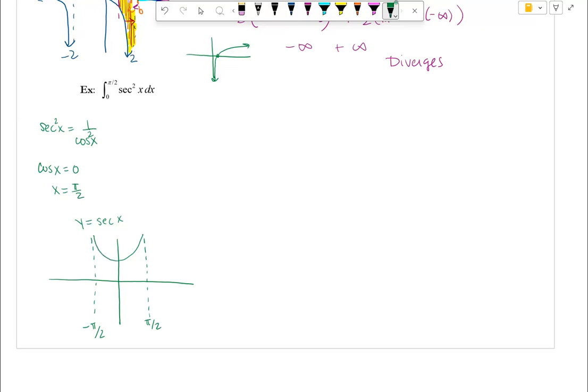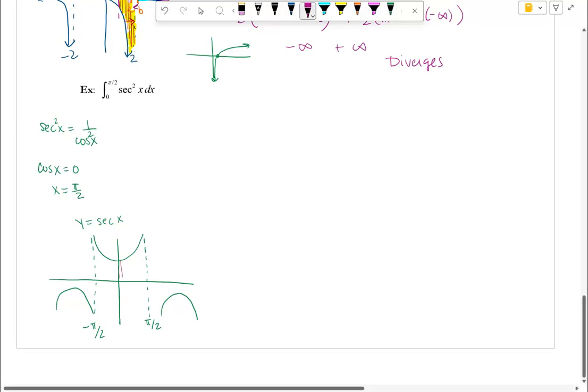And it's going to look like this. So if we're integrating this from 0 to pi over 2, again, we're trying to find this area here, but there's a vertical asymptote.